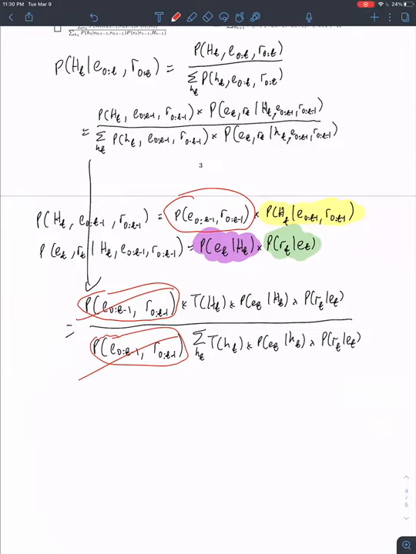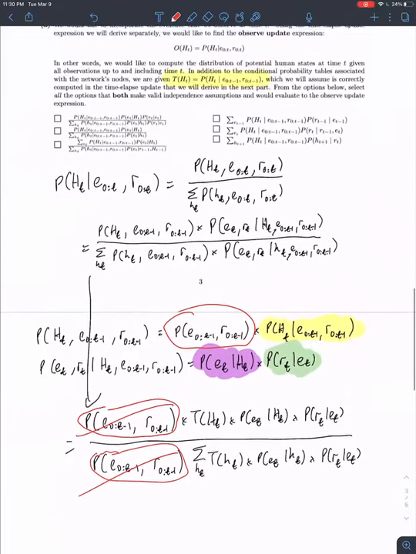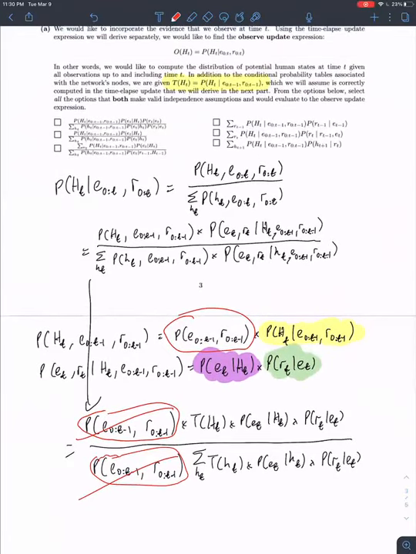And we'll go back up and see what's equal to that expression. So the first one, probability HT given E0 to T minus 1, R0 to T minus 1. So that's just really big T of HT. PET given HT, PRT given ET. Well, that's exactly what we had in the numerator. And the denominator is also exactly what we had in the numerator.